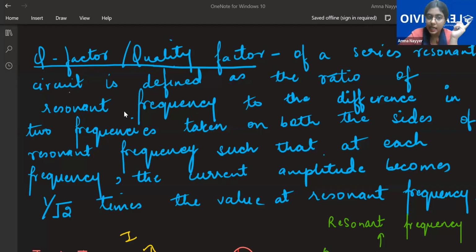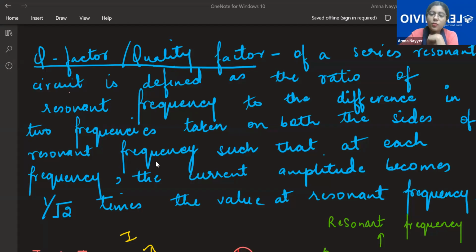Ratio of what? Resonant frequency. You have taken the resonant frequency to the difference, you're subtracting two things now. What are you subtracting? The difference of two frequencies taken on both sides of the resonant frequency. That is your omega 1 and omega 2. So you subtract these two, omega 1 minus omega 2, and you take their ratio, omega r by omega 1 minus omega 2.